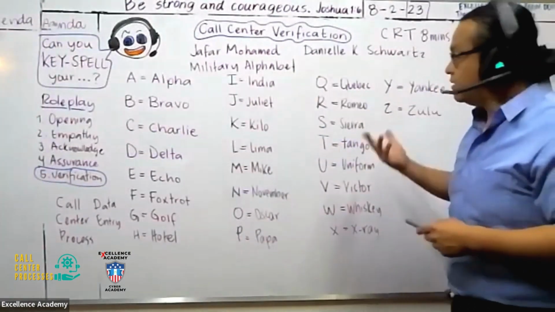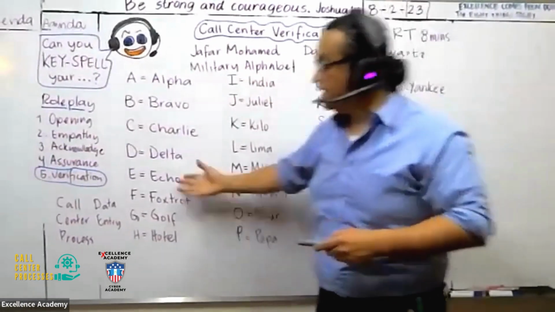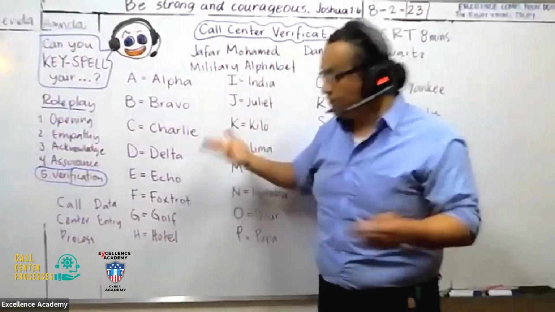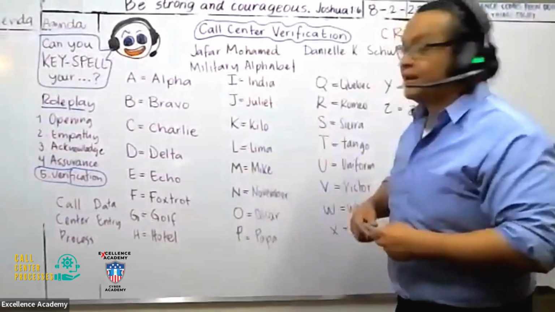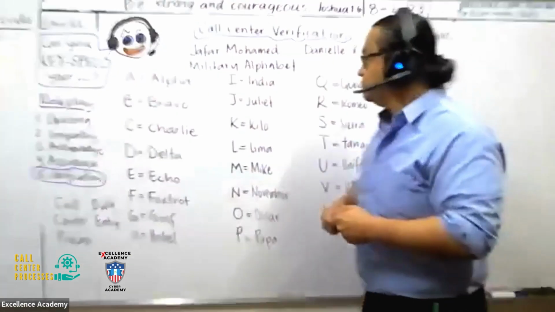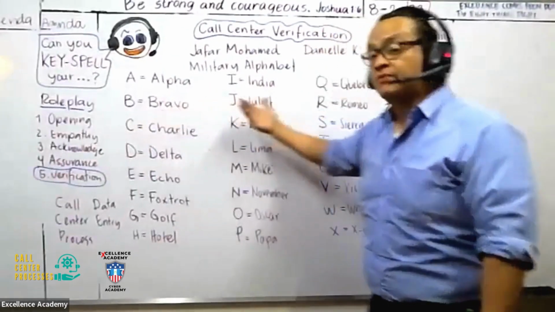Let's say I for Indiana, E for Edward, D for David, C for Charles, H for Harry, or L for Larry. There are different ways that customers would do it on the phones, but this is your standard, so you can use it just for verifications.